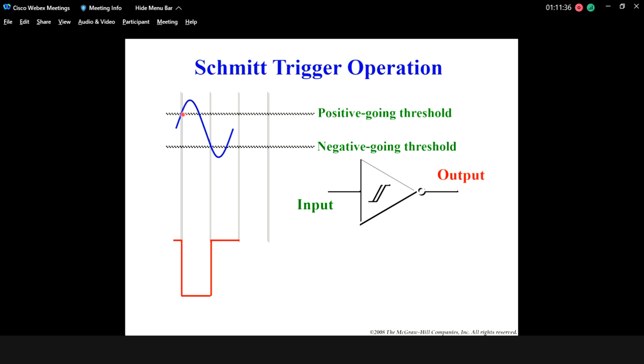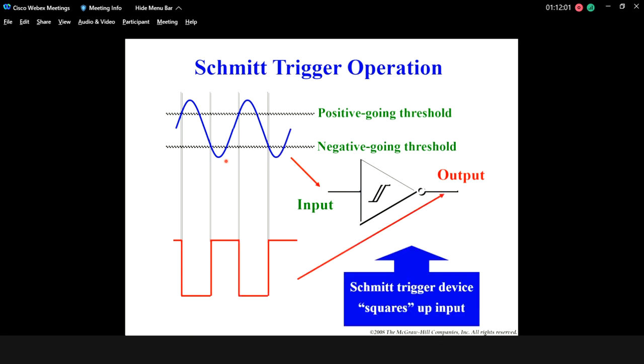So as long as the first one is high, and then the changes do not go lower than the negative going threshold, it will remain low until the input is lower than the negative going threshold. So like that. Okay, so it makes things easier.